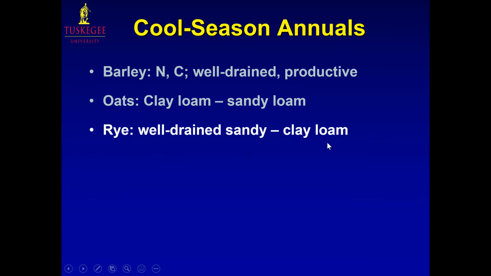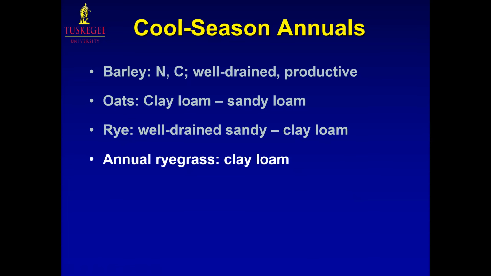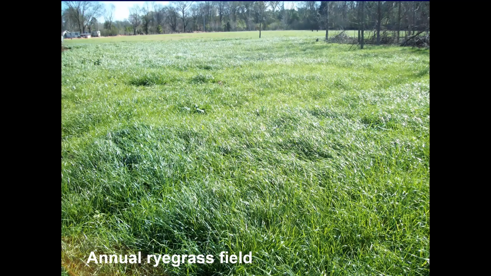So it will do well in this range, sandy to clay loam. Annual ryegrass will grow well in clay loam soil, and this is a very common species, grown pretty much throughout the state, more than any other annual grass species in this state. Wheat will require medium to heavy soil, and it can be grown throughout the state. You can see over here a field grown with annual ryegrass.